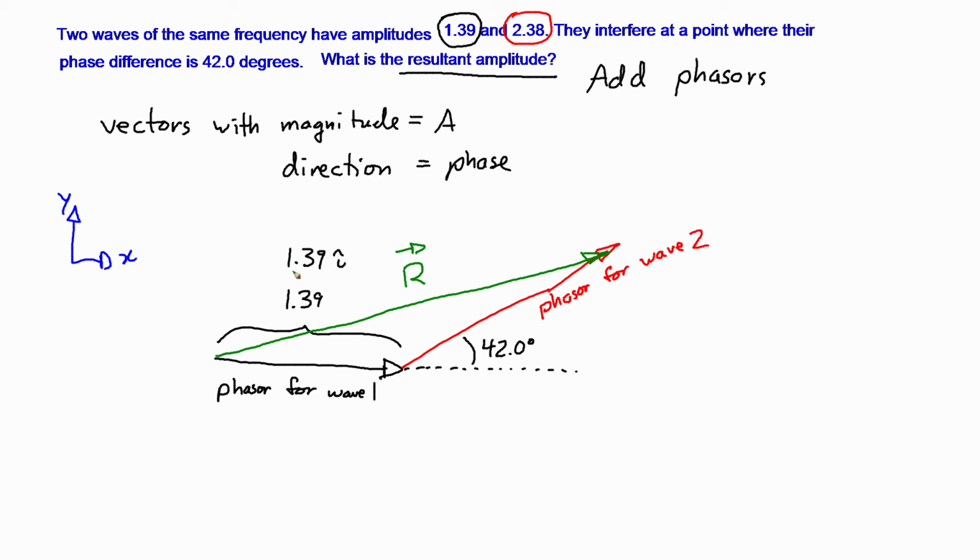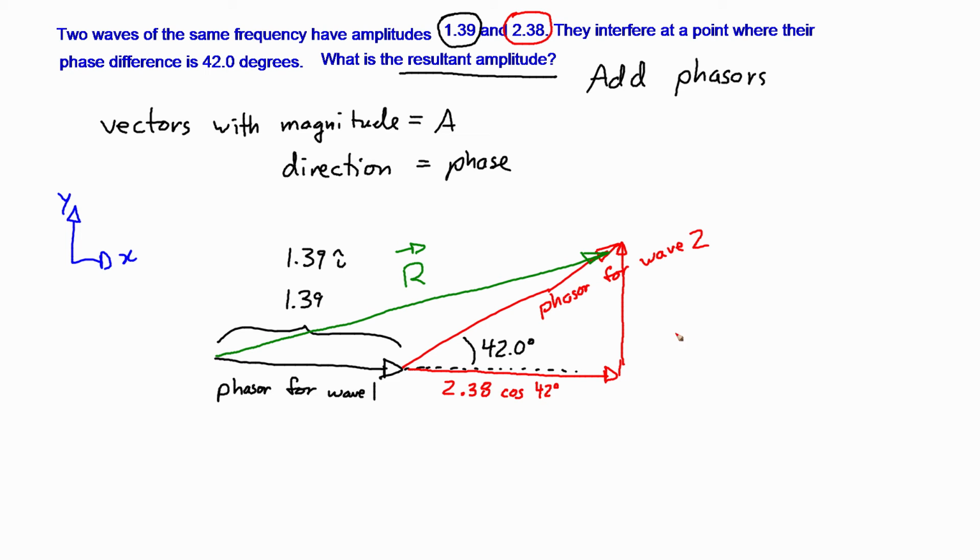It turns out that 1.39 I hat for the first one is in unit vector notation already. For wave 2, I will need to break it into x and y components to add this because my drawing is not to scale enough for me to sort this out. So this side on the bottom is going to be 2.38, which is the total magnitude, times cos of 42 degrees.